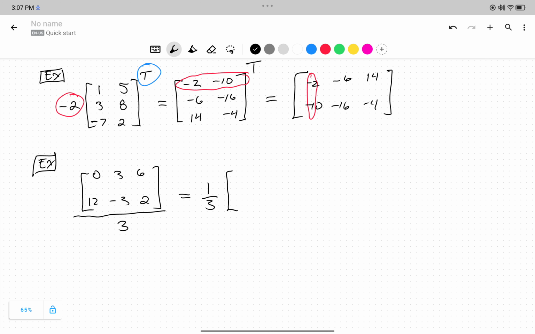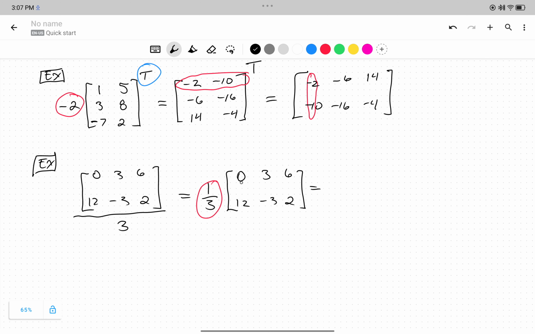So guess what? That's scalar multiplication. So yes, very much legal. So it's really the same thing, multiply times everything inside, or divide by everything inside.